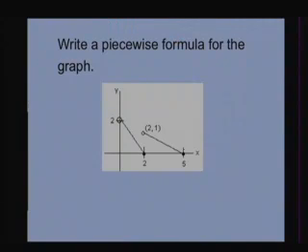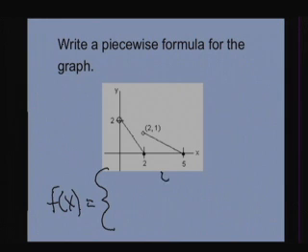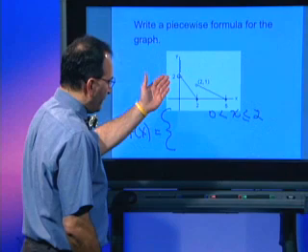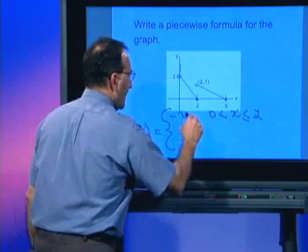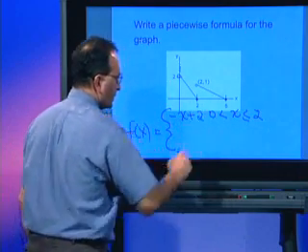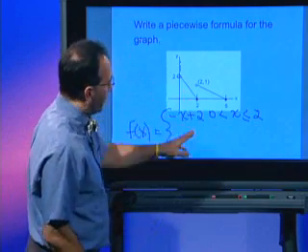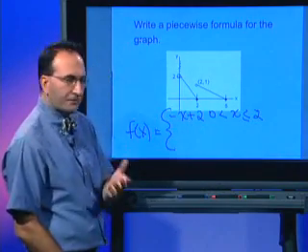And so that part of it would be that f of x will equal, and as I said, it's going to start at 0, not inclusive, and then include 2. And what that looks like is the graph of negative x plus 2. It has a slope of negative 1 and a y-intercept of 2.